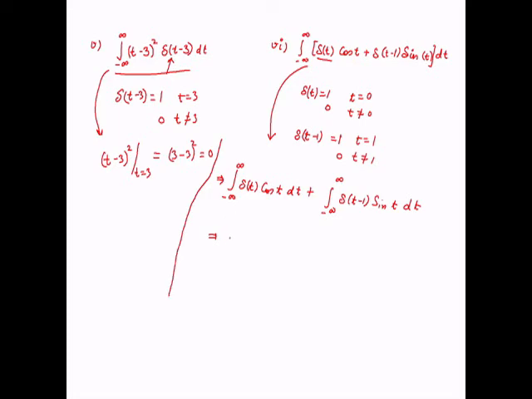We can write this is equal to cos t when t is equal to 0, and sine of t when t is equal to 1. So when t is equal to 0, what is the cos? 1, and we can put the value sine 1. In that way we can find the answer and we can evaluate the signal.